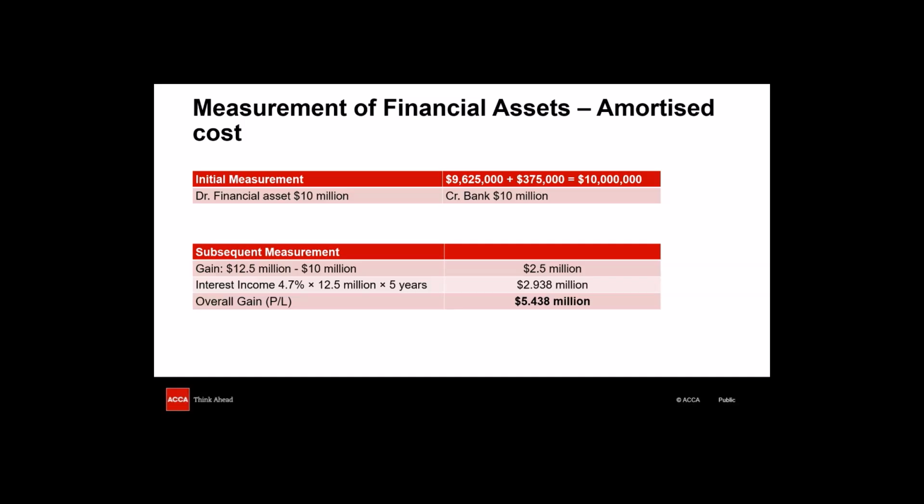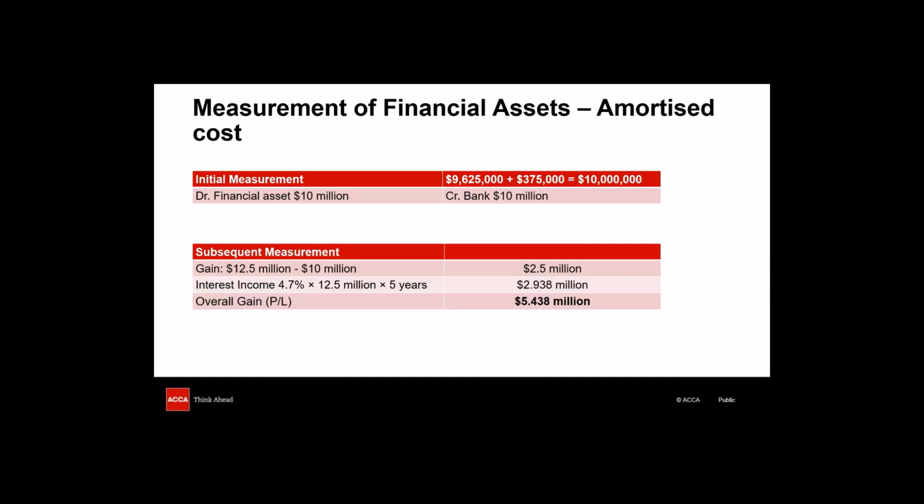However, if we just charge the interest income at 4.7% per annum, which is the amount received every year, then we would be showing only 2.938 million income. The actual gain is 5.438, but what we would show in the financial statements is just 2.938.